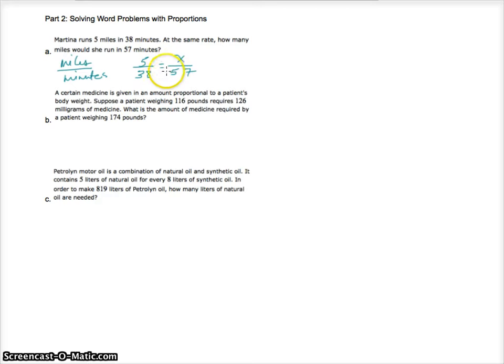Now I'm going to cross multiply. I will get 38 times x equals 5 times 57. I'm going to use a calculator. 38 times x is simply 38x. 5 times 57, however, is 285.